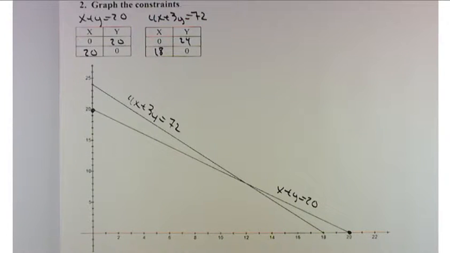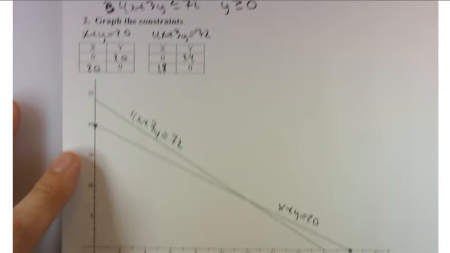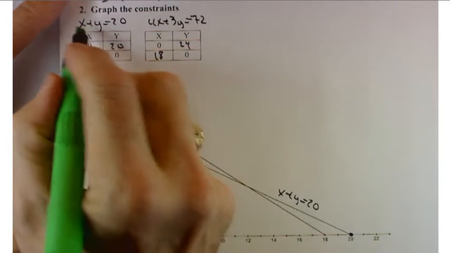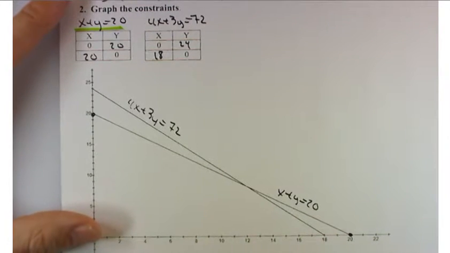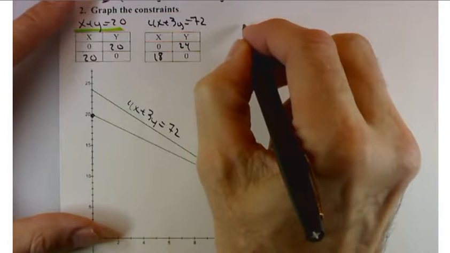Of course, that's just graphing the equalities. Remember, these are inequalities. So what else do I have to do beyond just graphing the equation? I have to do some shading here. So let's start with x plus y is less than or equal to 20.